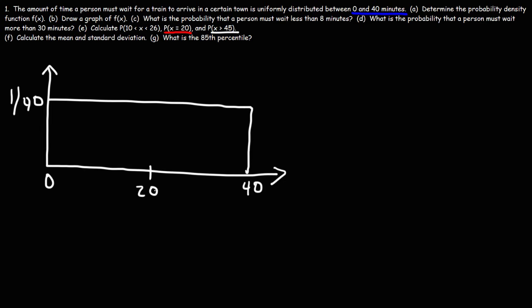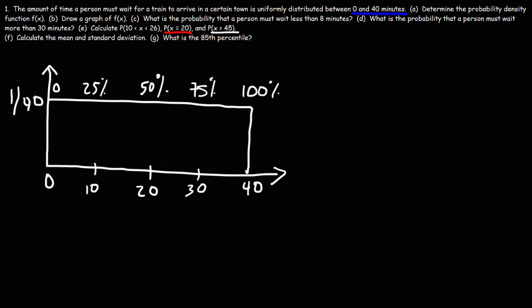The mean is 20. The minimum 0 is basically the 0 percentile. The mean is at the 50th percentile. And 40, which is the maximum, that's at the 100th percentile. 10 is at the 25th percentile. And 30 is at the 75th percentile.